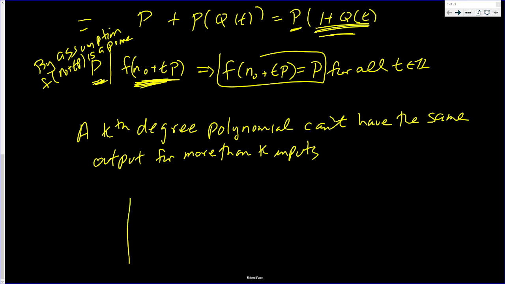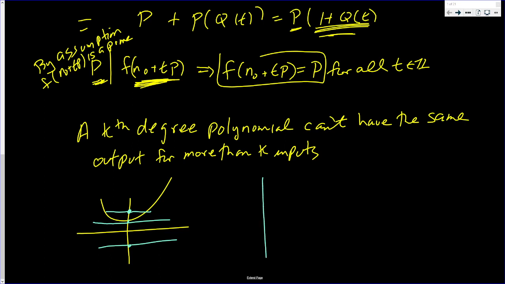In other words, if you have x squared plus 2, a quadratic, you can only obtain the same value 2 times. This value we only obtain 1 time, and this value no times.